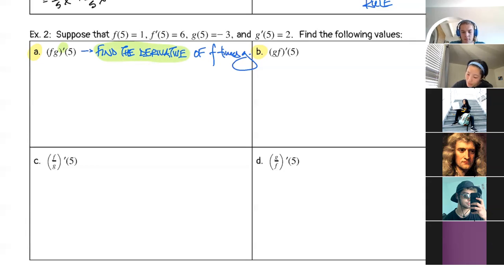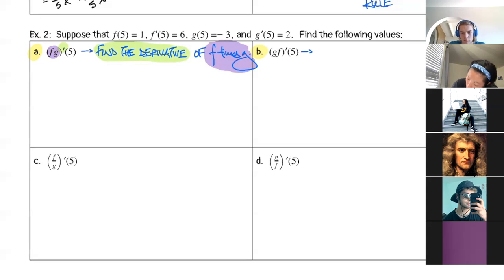Now, how do we know that it is saying F times G? What part of the question says F times G? Yeah, the part that literally says FG, right? That might be too easy of a question to ask, but that FG means F times G. And so that's how we unpack the notation there.